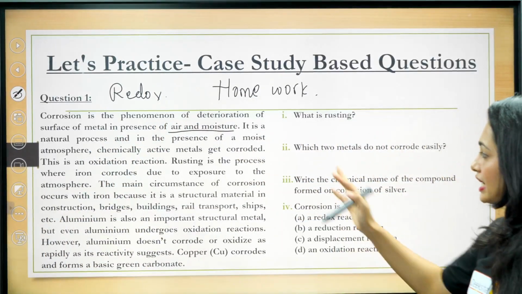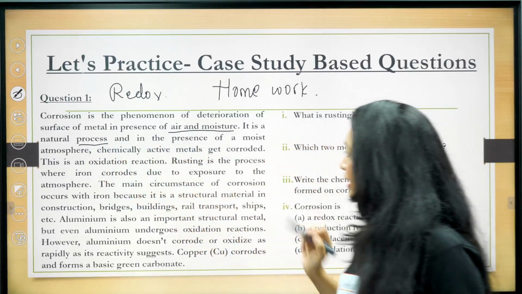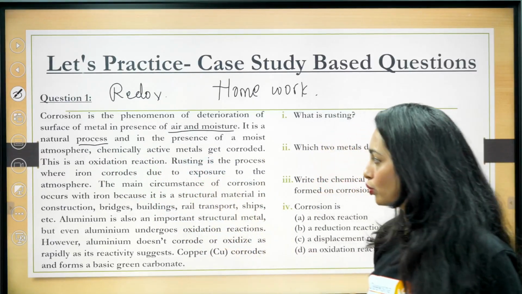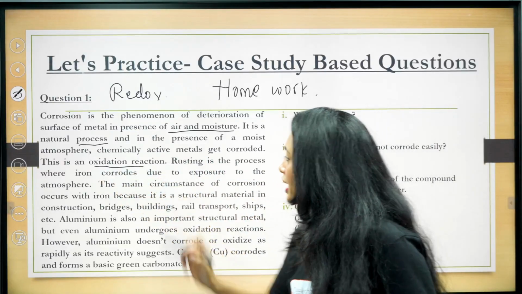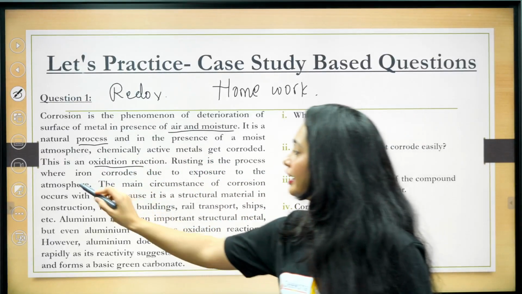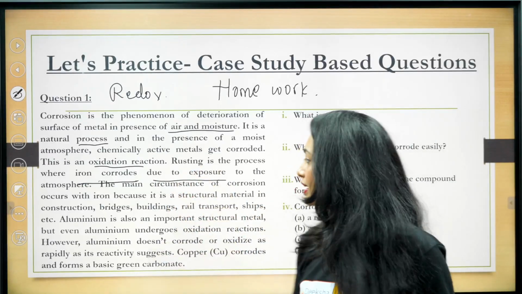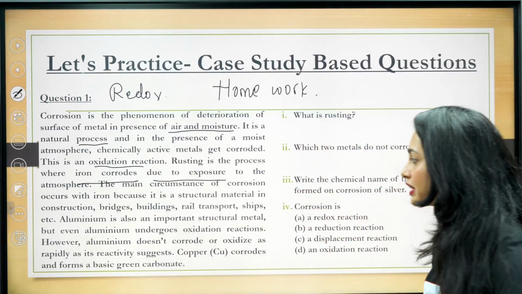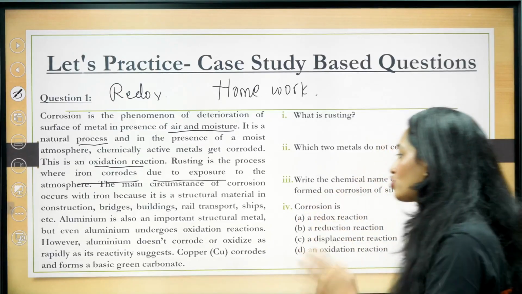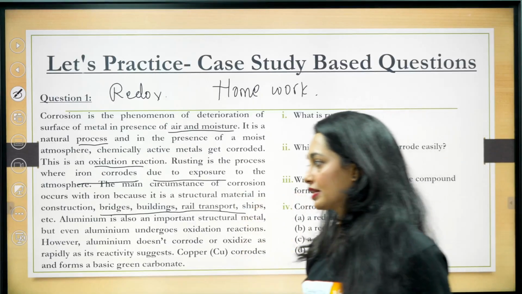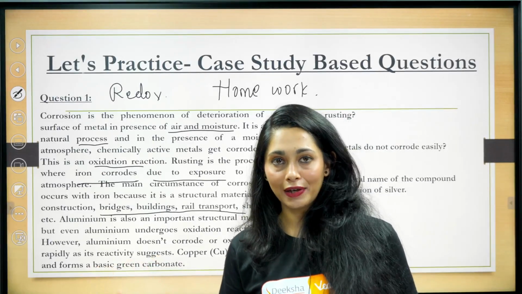Yes, so it is a natural process, and in the presence of a moist atmosphere, chemically active metals get corroded. This is an oxidation reaction. Rusting is a process where iron corrodes due to exposure to the atmosphere. The main occurrence of corrosion is with iron because it is a structural material in construction, bridges, buildings, rail transport, ships, etc. They have mentioned the uses of iron.